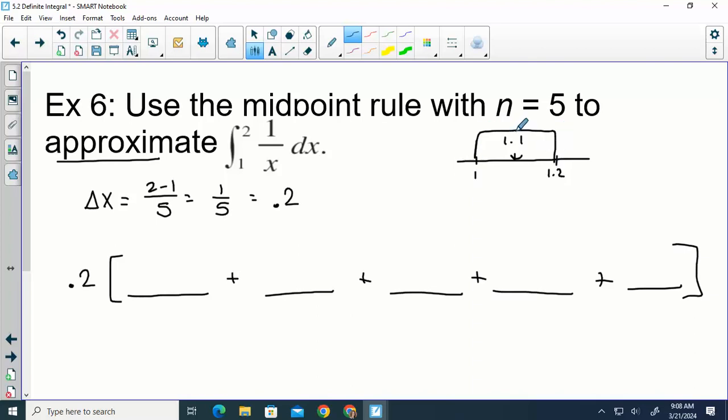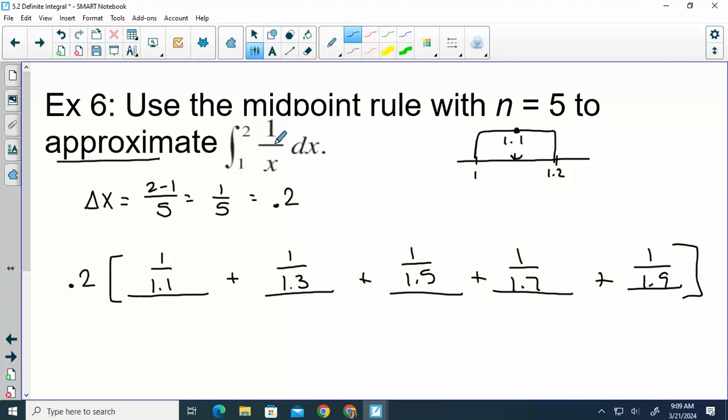Okay. So we want to estimate the middle of that. If you struggle just looking at it and finding the middle, it's just an average. Add your 2 endpoints, divide by 2. So the first number I plug in is 1.1. And then we add 0.2 each time. So the next one will be 1.3, 1.5, 1.7, and 1.9.